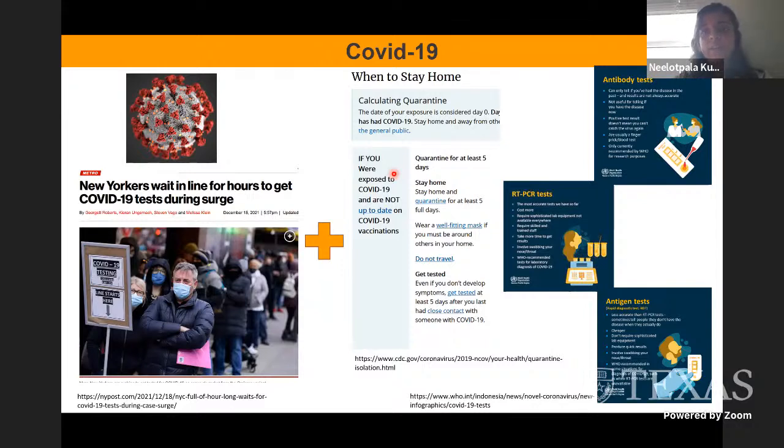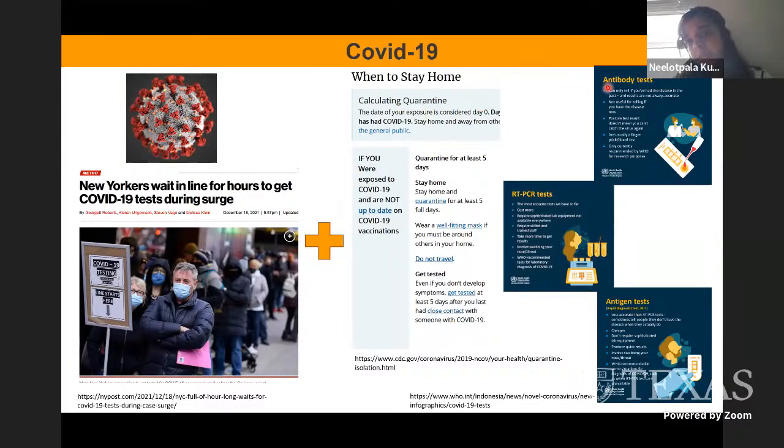And the second thing was that whatever test options we have available right now do not give you any accurate information until an estimated 5 days later, because we need the viral load to build up in the body so that it can be detected by the available testing methods. So this also highlights that whatever testing methods we have available commercially right now, their limit of detection is not low enough to pick up the initial buildup of viral load in the human body.